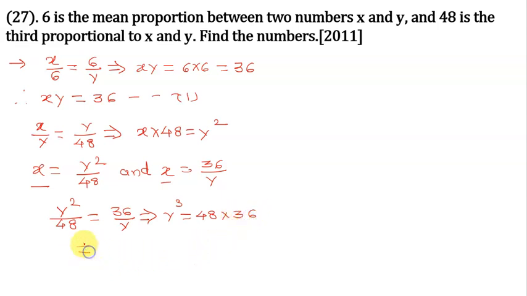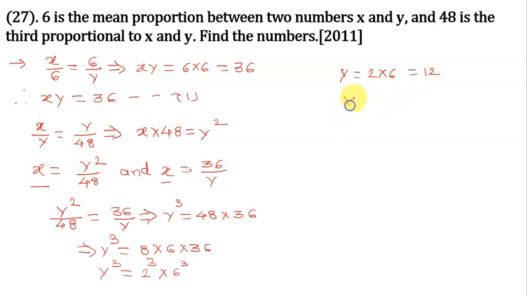It implies that y cube is equal to, 48 can be written as 8 into 6, into 36. 36 means 6 square, and overall you will have y cube is equal to 8, means 2 raised to 3, and 6 into 6 square means 6 raised to 3. Take cube root on both sides, then you will have y is equal to 2 into 6, and that's equal to 12.